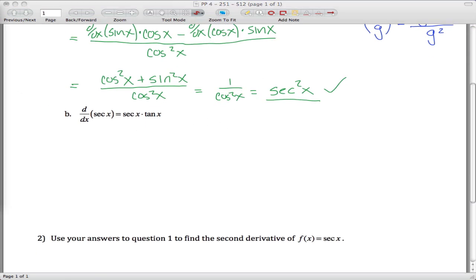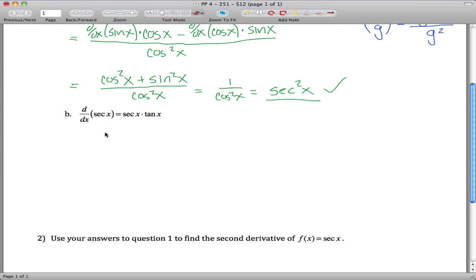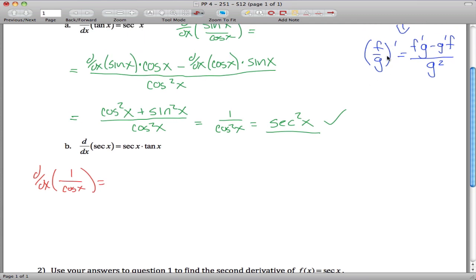All right, we can do something similar down here to figure out the derivative of secant. Secant is 1 divided by cosine. So if we apply the quotient rule that we got up here, the top function is just 1. The derivative of 1 is 0.